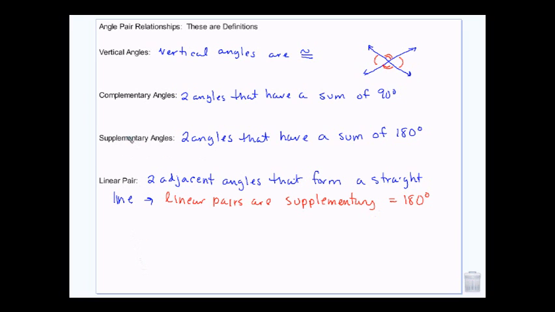The difference between a general supplementary angle and a linear pair: a linear pair has to be adjacent. Supplementary can be adjacent or they could be floating off in space. But they both add up to 180 degrees.